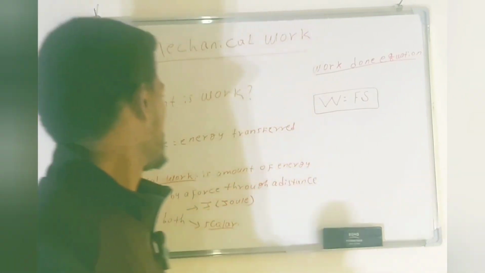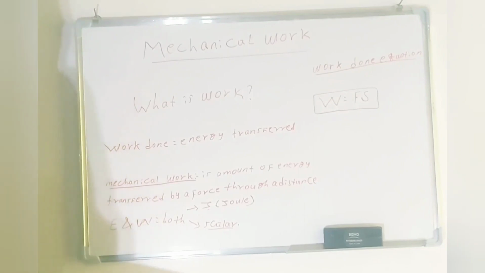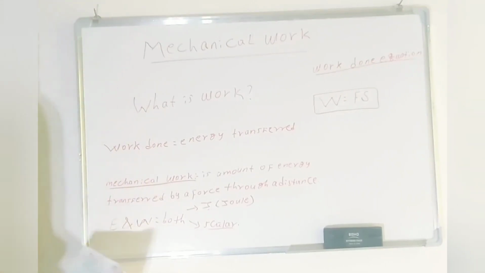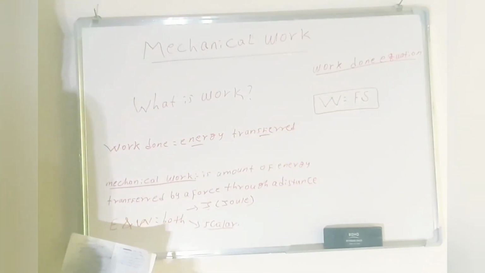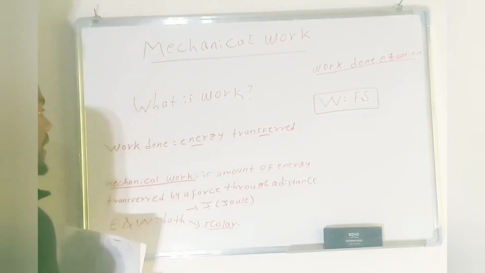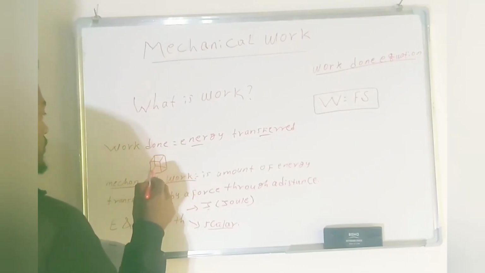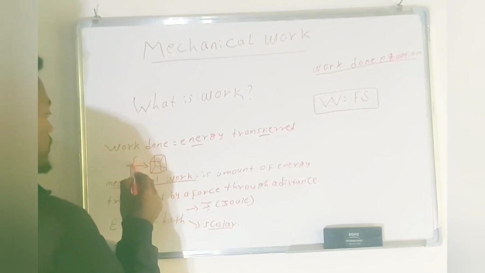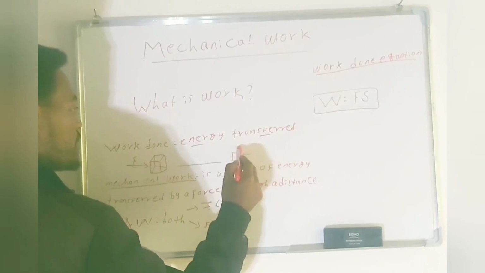So work can be defined as energy transferred. Simply, work is energy transferred. So when I apply force on any object, for example, if I apply force on this box, I displaced it and this new position is here.